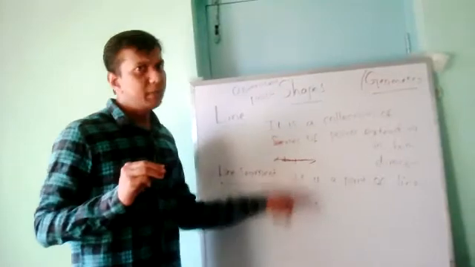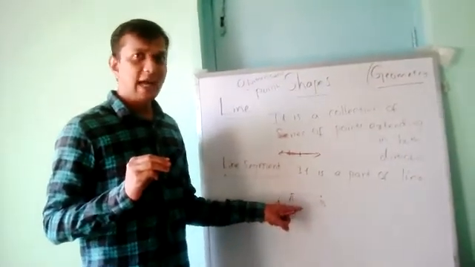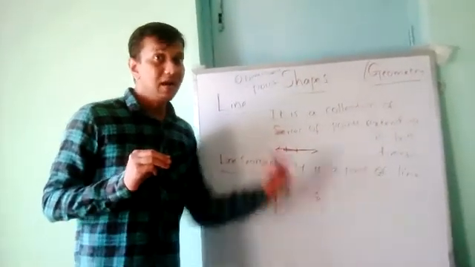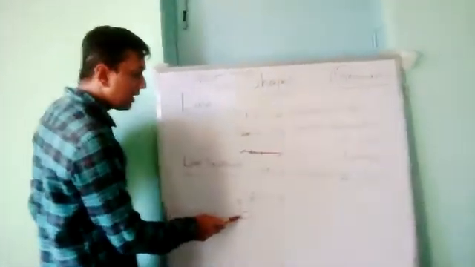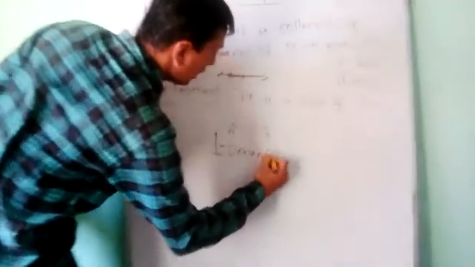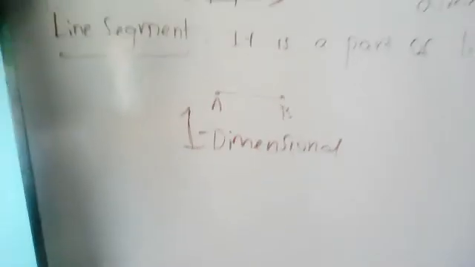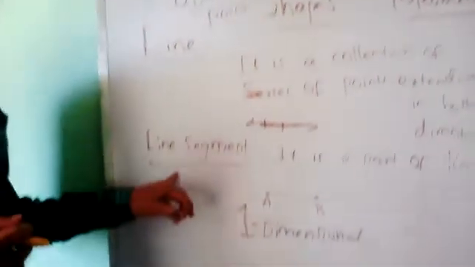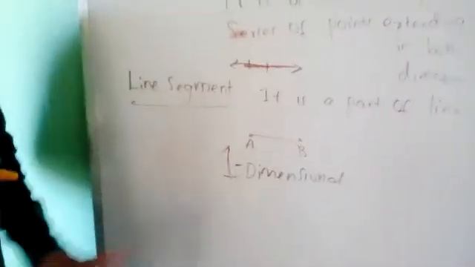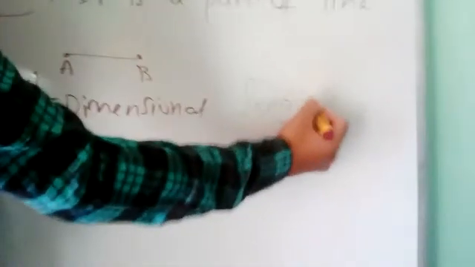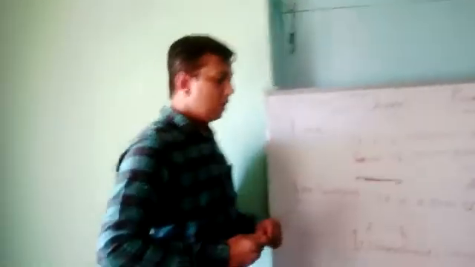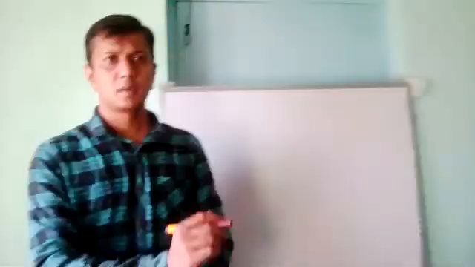We cannot measure the breadth or the height here, but we have measured length. That's why it is a one dimensional object. So point is zero dimensional and line segment is one dimensional, because it has length. Okay, we will move on to the next topic.